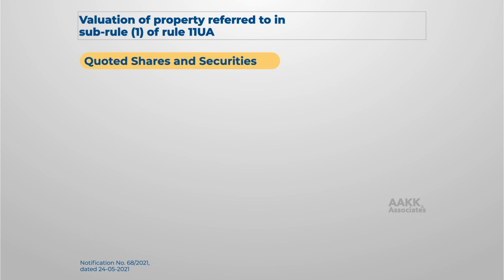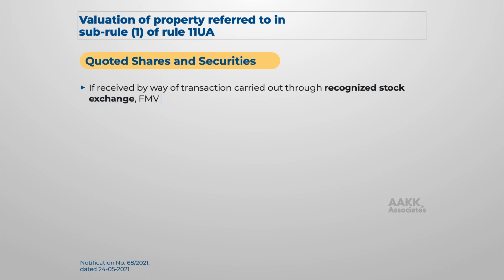If such quoted shares and securities are received by way of a transaction carried out through a recognized stock exchange, fair market value shall be the transaction value as recorded in such stock exchange.